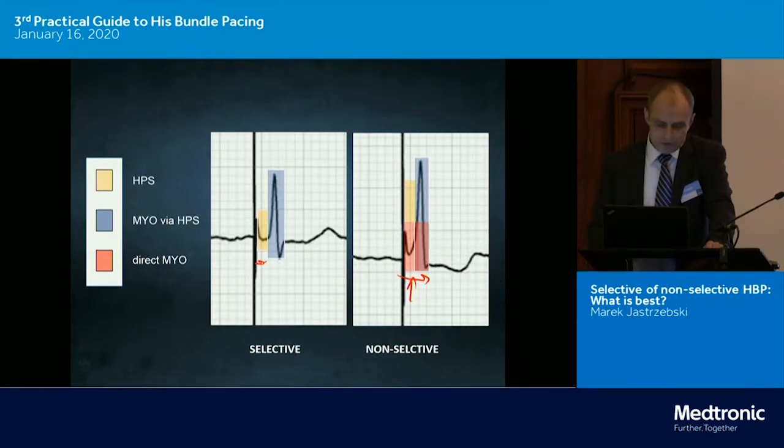If you compare these two QRSs, it's not only the delta wave. You see that the amplitude is bigger and the terminal S wave disappears, so there is clearly an impact on the whole depolarization. If there is an impact on depolarization, you can imagine that it is impossible not to have some impact on contraction and possibly also on hemodynamics.